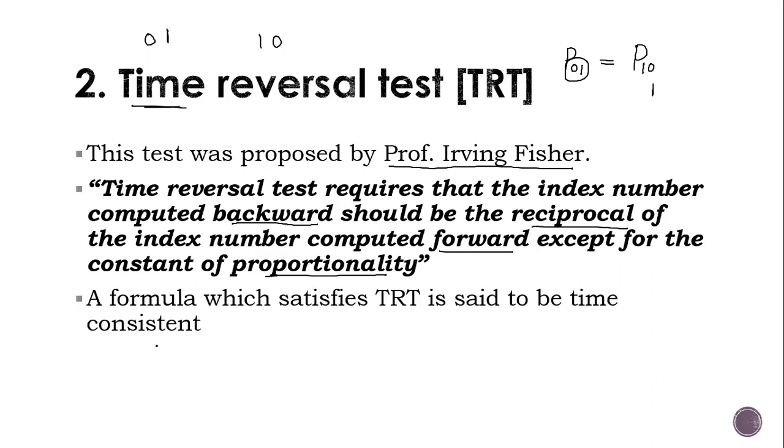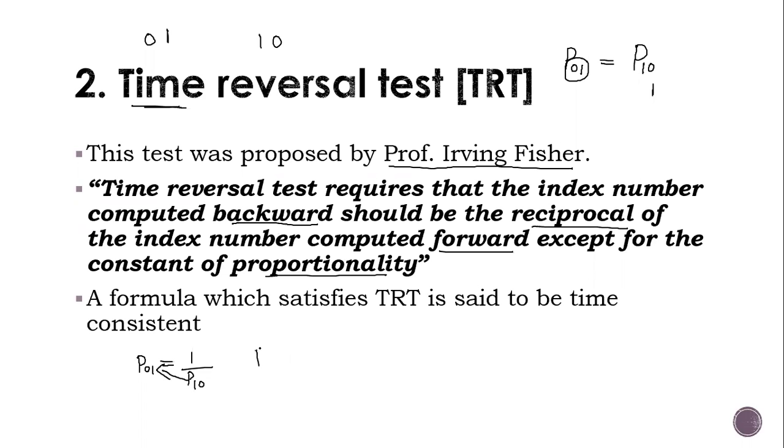So I will write it here. The price of the base and the current year is equal to, as they said, proportional, so we can take it as 1 by the price of the current and the base year. They want the reversal of this. The price of the base and the current year is computed forward, and it is equal to 1 by the price of the current and the base year, computed backward. So we bring this P10 to the opposite side.